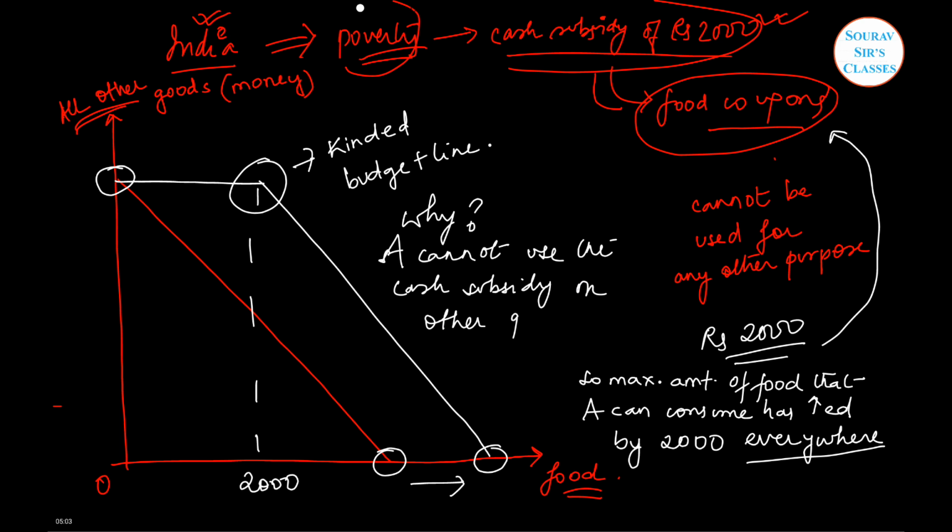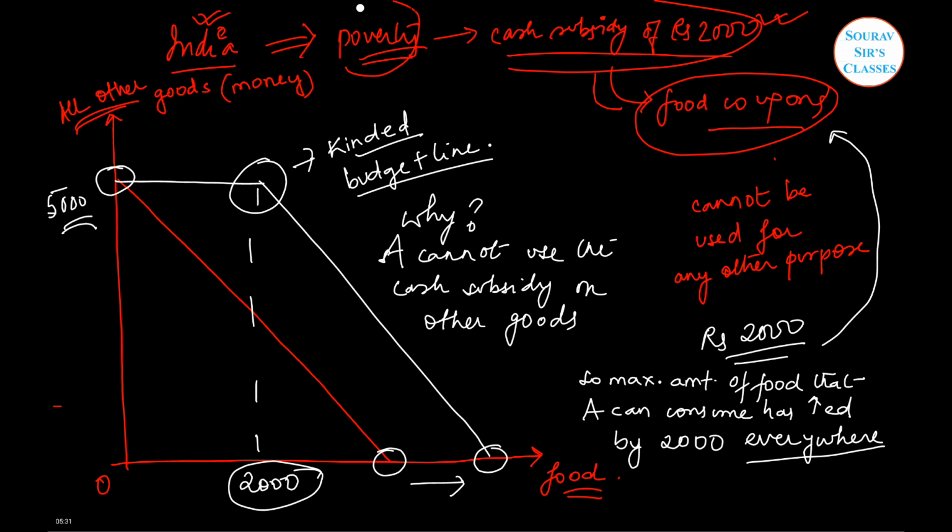Because he cannot use the cash subsidy on other goods, he still has, say, arbitrarily, 5,000 units of this particular good. So he still has 5,000 units of this good only. This 2,000 will not be added here because it has to be exclusively spent on food. So that's why we get a kinked budget line.